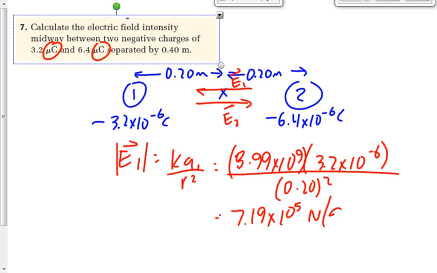Or, as we saw Tuesday, could be both ways as well. The second one, I don't know if anybody saw this. E2 is a shortcut in that one. This is going to be 1.438 times 10 to the 6 newtons per coulomb.